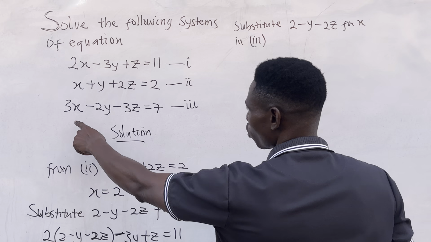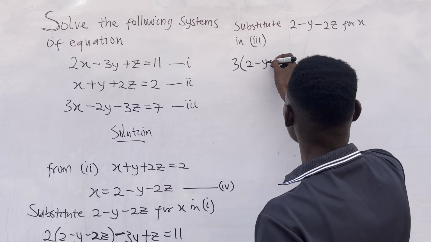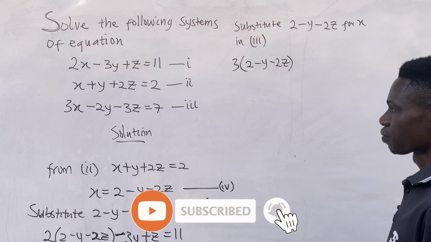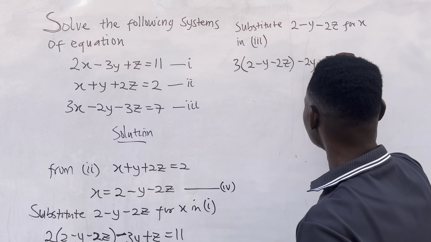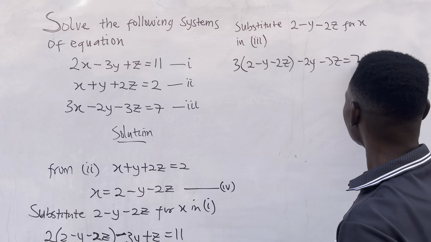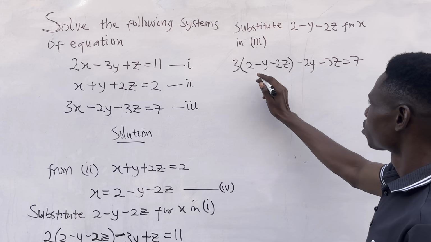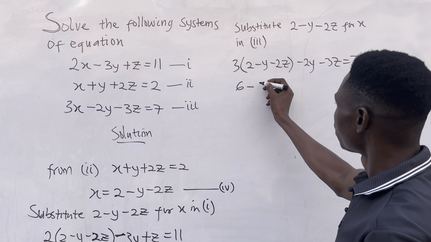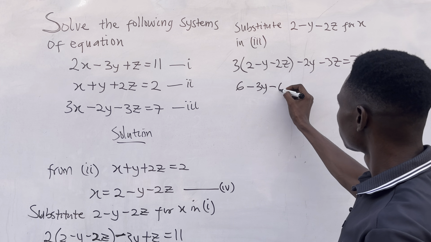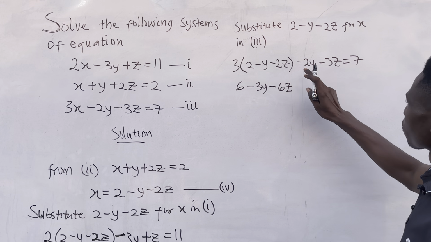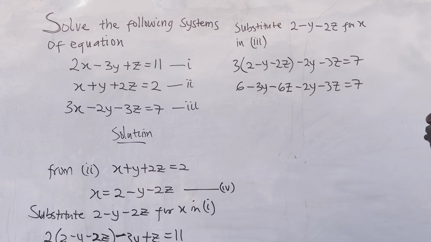So equation 3 says 3 into x. Our x is now 2 minus y minus 2z. So 3x minus 2y minus 3z equal to 7. Similar to what we did there, this will give us 6 minus 3y minus 6z. Here we'll have minus 2y minus 3z equal to 7.